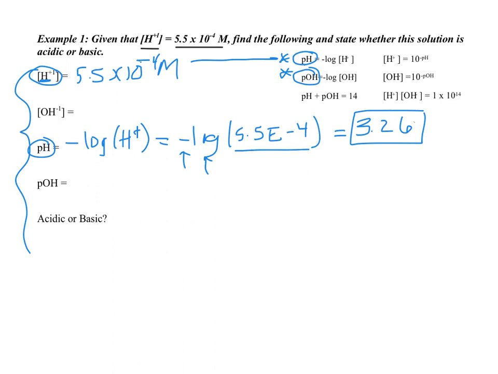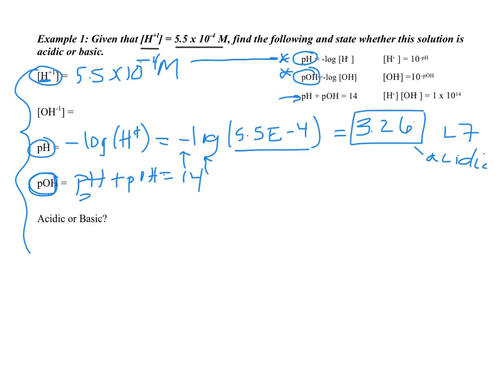And so right away, I'm on the pH scale. I have something less than 7, and so I know this solution is acidic based on the pH. From here, I just want to stay in my simple numbers, so I'm going to go to pOH. I have to remember that the relationship between pOH and pH is that they add up to 14.